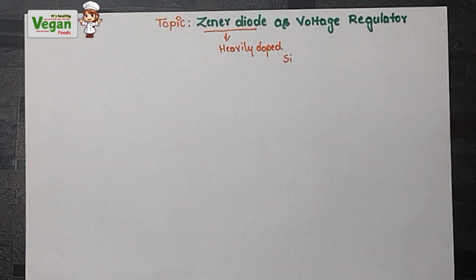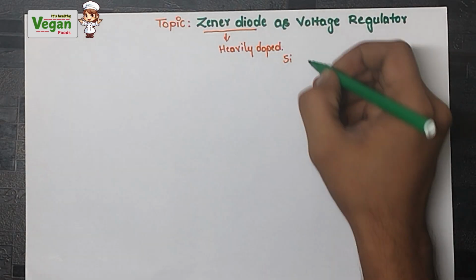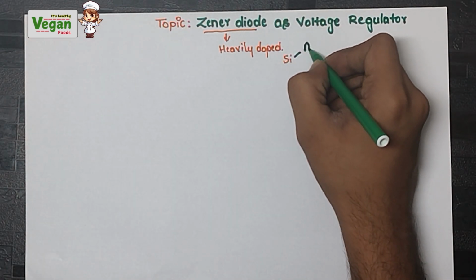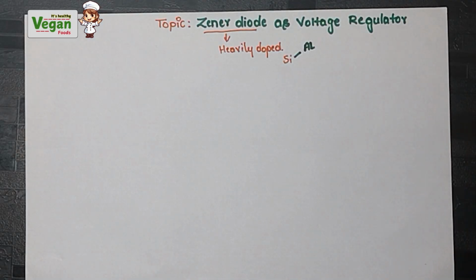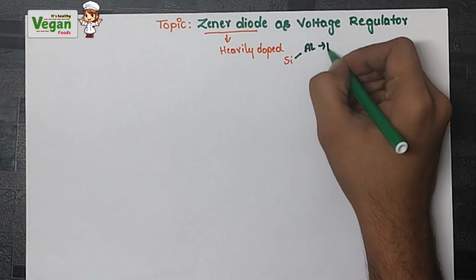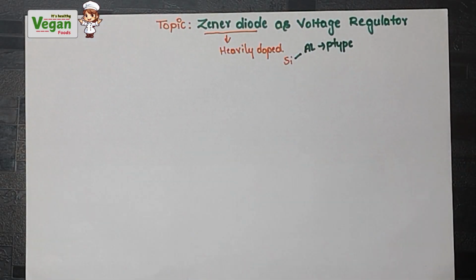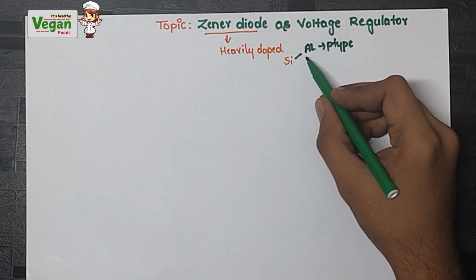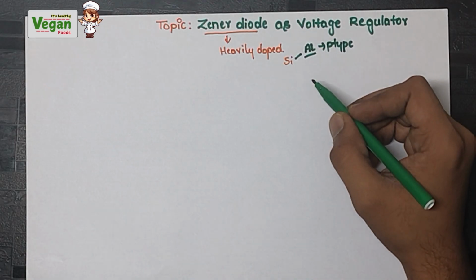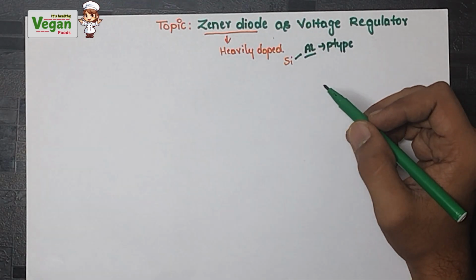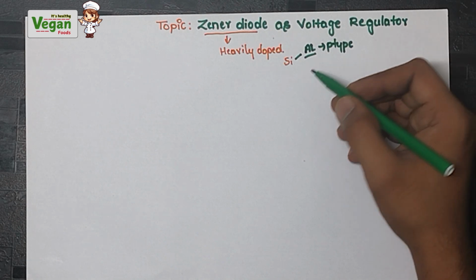To increase the conductivity of the silicon, we add some impurities. It may be a trivalent impurity, that is aluminum, which gives a p-type semiconductor, in which the semiconductor is added with the trivalent impurity. Trivalent impurity means they have 3 valence electrons.